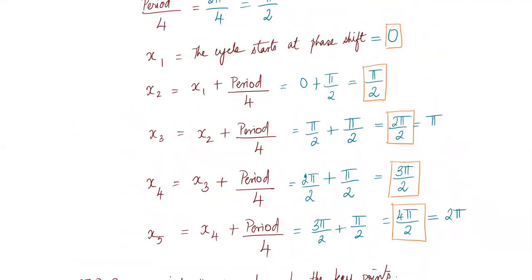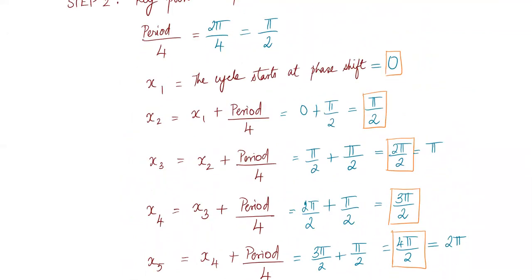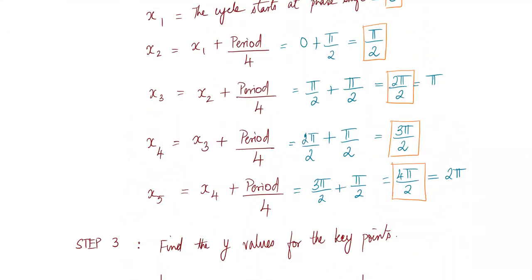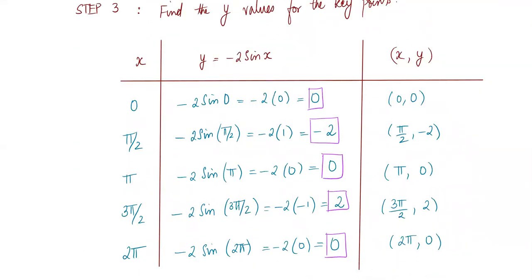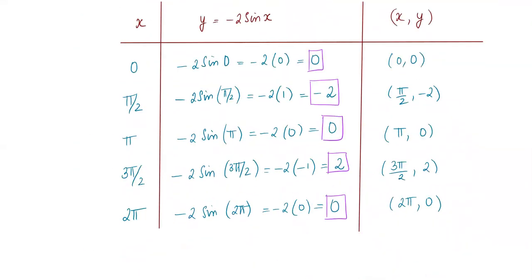There was an inbuilt check in step 2 when you generated those x values, x1, x2, x3, x4, x5, and that pattern. Then in step 3, the y values that came out of these x values also show a pattern. So now all things are good, and it's time for us to graph and connect them. So I'll come back here and say step 4: plot the points and graph.